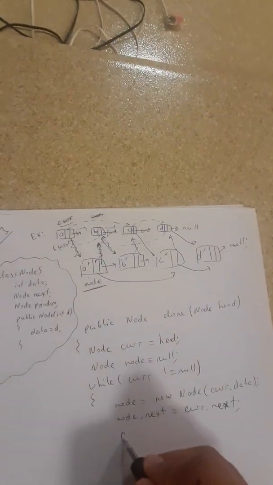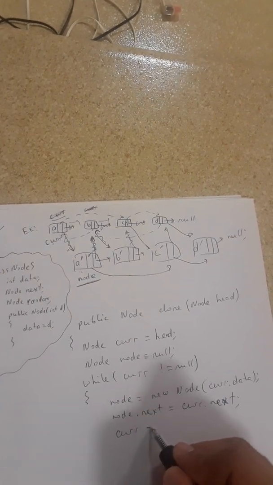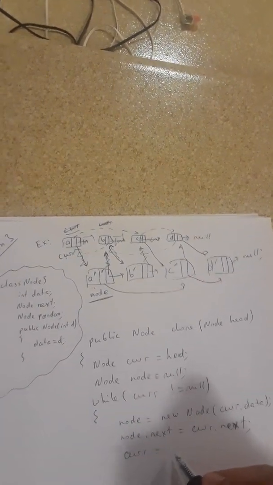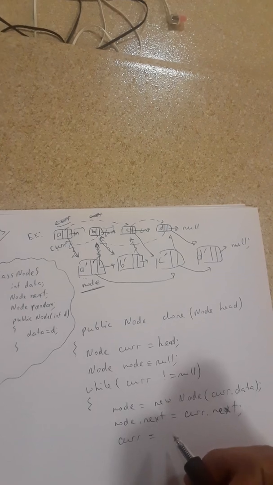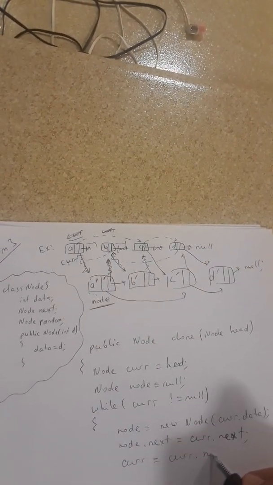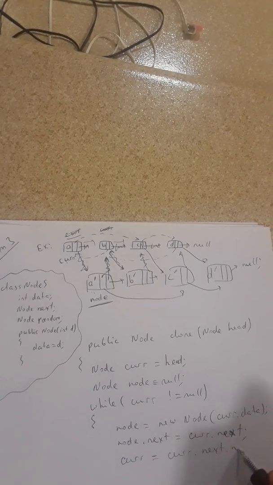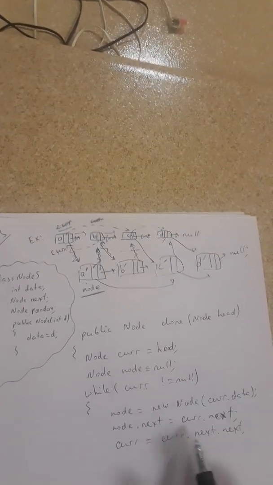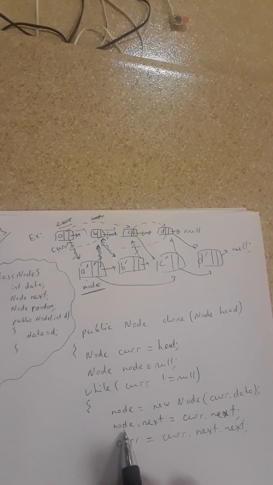After that I will just move my current pointer to the next node of the original linked list, and to do this I will just use next, because next is already the node itself.